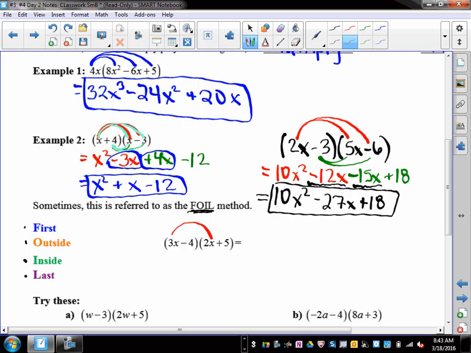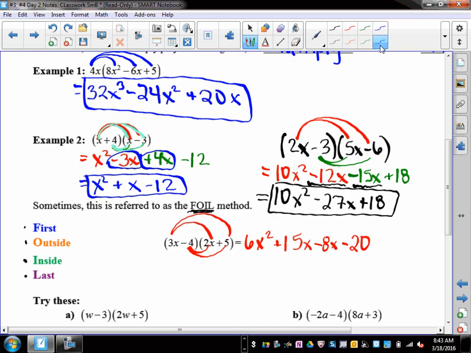Alright, first terms. 3x times 2x, what's that? Beautiful, 6x squared. Outside terms, 3x times 5, 15x. Inside terms, negative 4 times 2x. Good, negative 8x. And last terms. Good, negative 20.